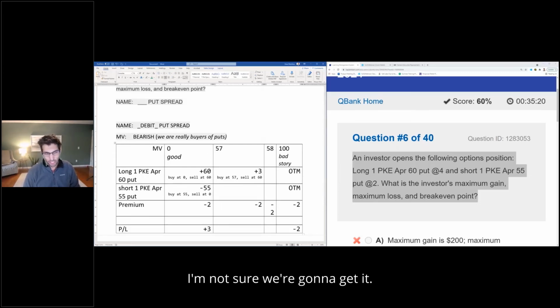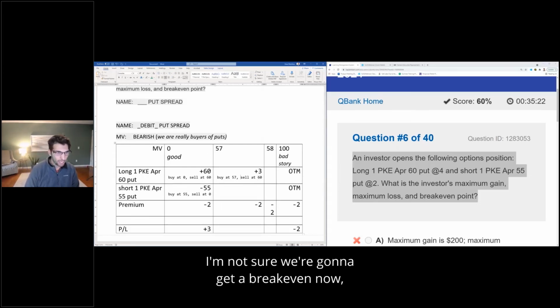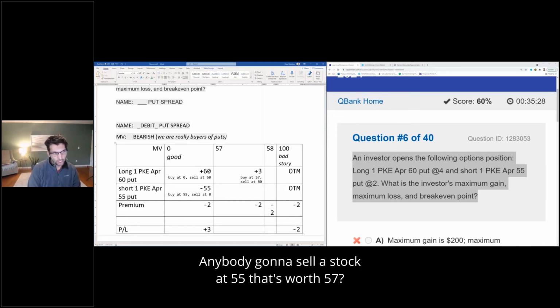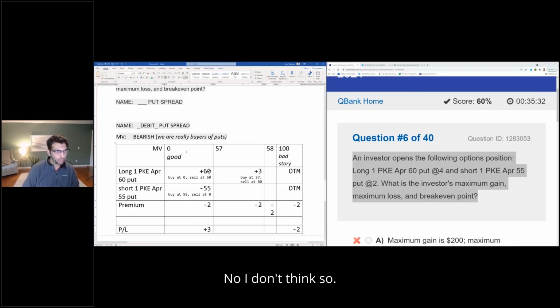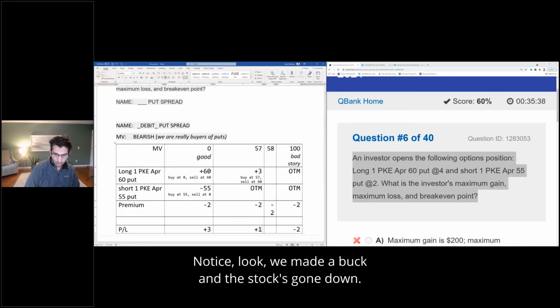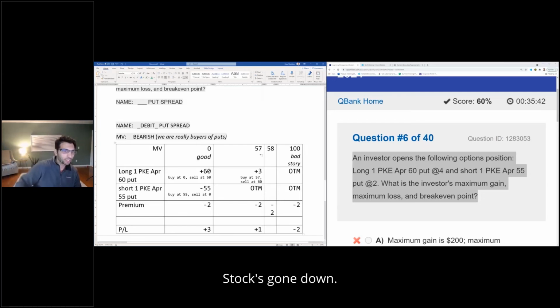I'm not sure we're going to get a break even now, but let's just check it out. The 55 put, anybody going to sell a stock at 55 that's worth 57? No, I don't think so. So this one's out of the money. Notice, we made $1 and the stock's gone down.